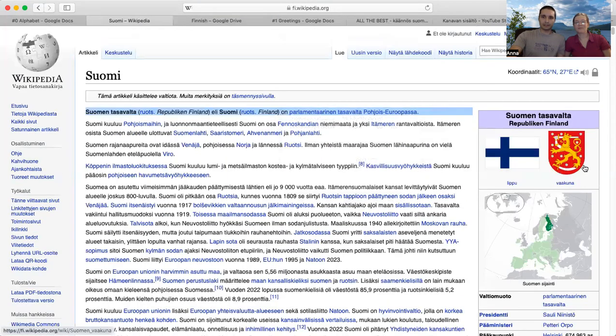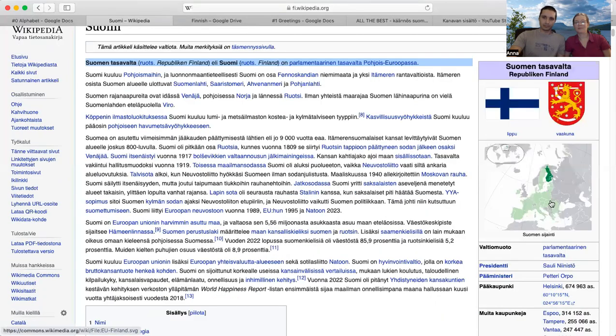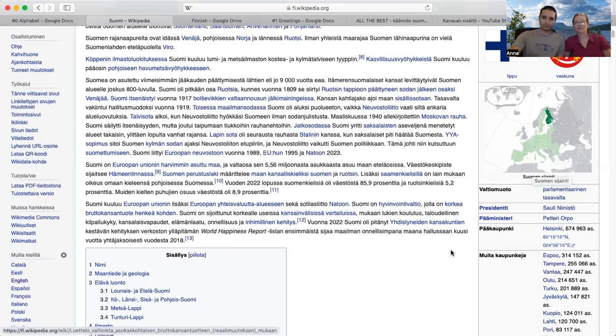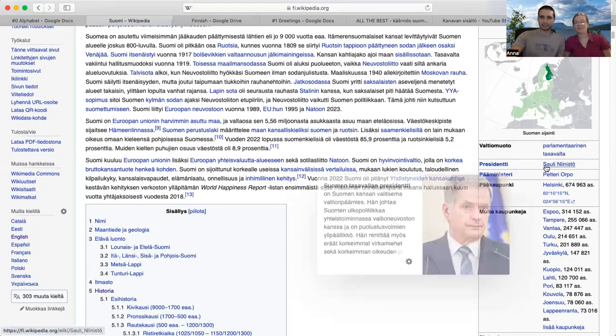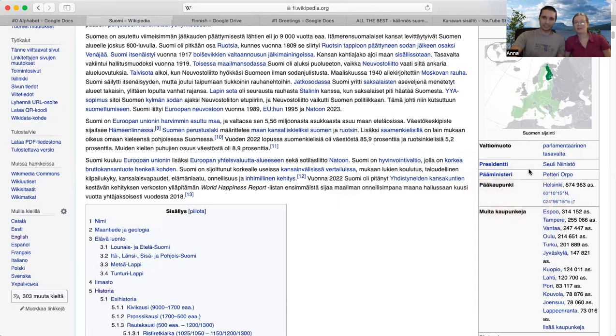Here is the flag, the coat of arms, the map. Presidentti means the president. Sauli Niinistö is not anymore the president. Yesterday we got the 13th president, who's Alexander Stubb.